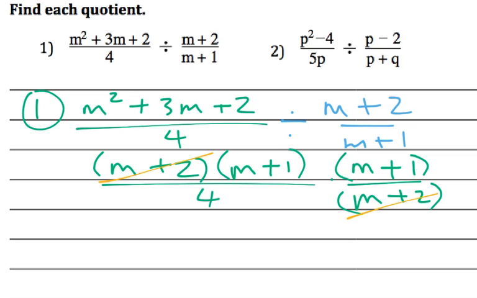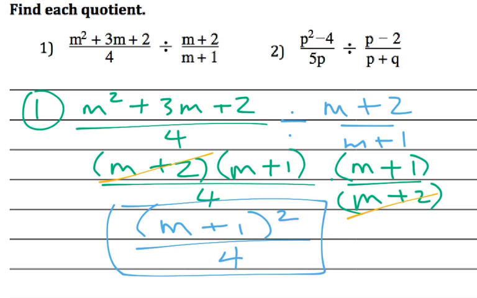But don't get too egregious, it's a good word, by canceling out m + 1, because both of those are in the numerator. So I'm going to rewrite m + 1, square that, and do that over 4. And this is your factored finished solution for problem 1.